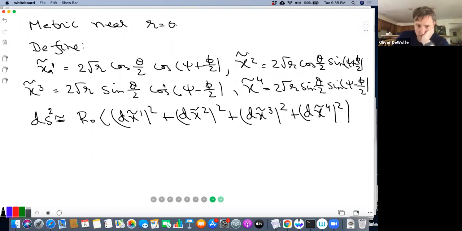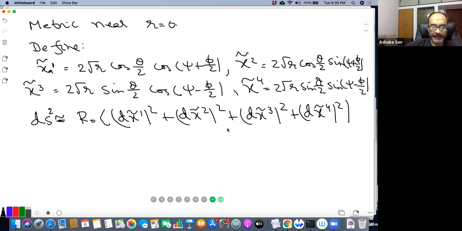In these coordinates, the metric actually looks flat near the center. So this is flat, Euclidean.